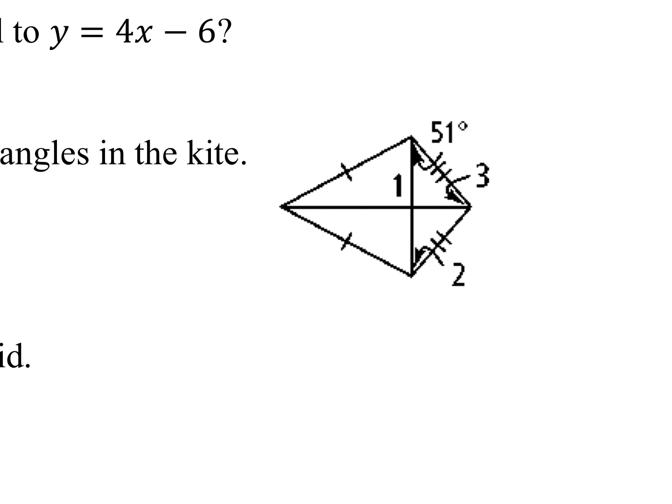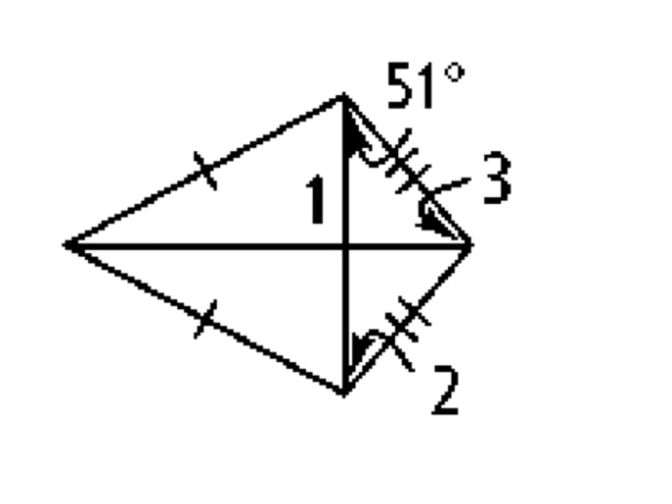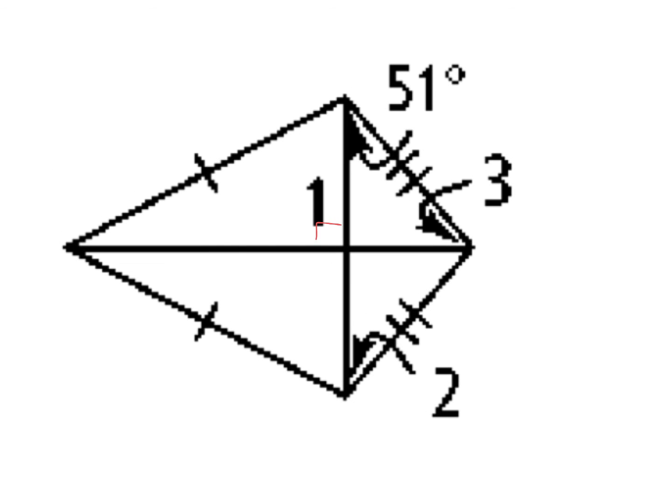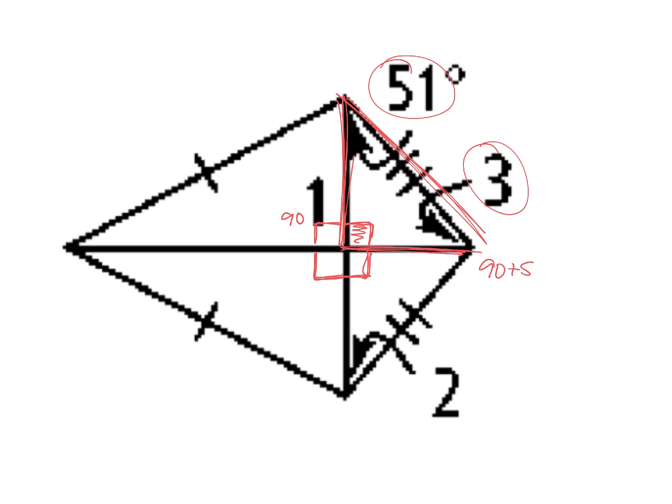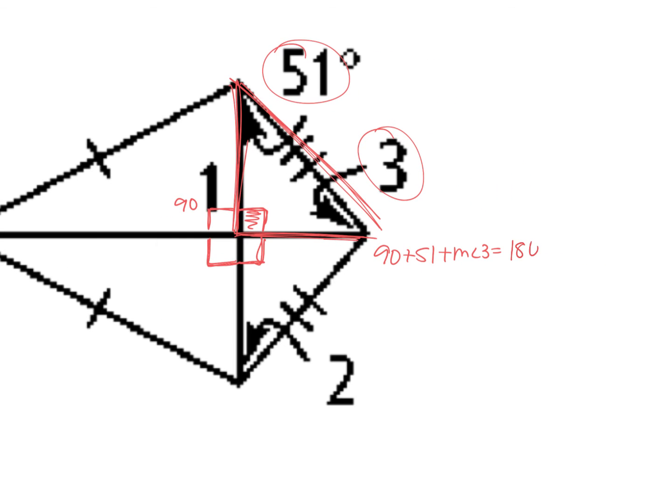Okay, so this is a kite. Tell me what you know about the diagonals of a kite. They are perpendicular. So number 1 is 90 degrees. Okay, so this is 90. That being the case, now look at this triangle. You have 90, 51, and angle 3 that have to add up to what? 180. So 90 plus 51 plus the measure of angle 3 will be 180 degrees. Take away the 141, and you get the measure of angle 3 is 39.